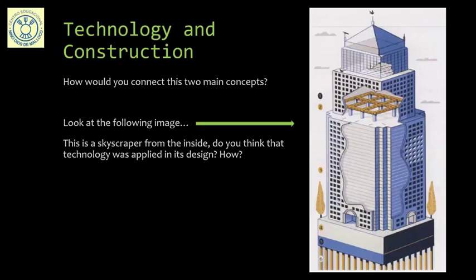Do you think that technology was applied in its design? How? Try to answer that question. If we think about the definition of technology, remember that technology is everything thought to solve a problem, right? So is technology applied in a design of a skyscraper and in relation to the structure that we can see here in the picture?